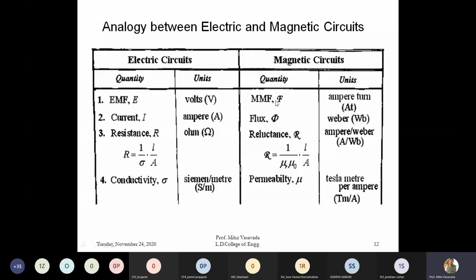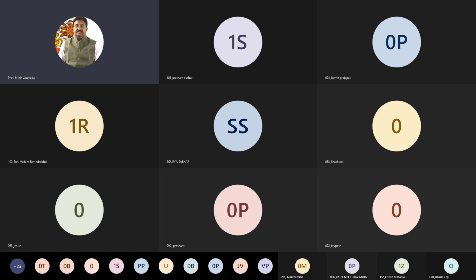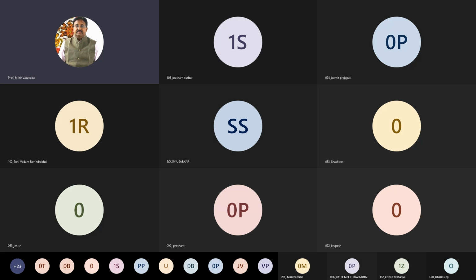But can anybody tell what is the difference between the electrical circuit and magnetic circuit? There are a few differences. The first difference I have already explained.